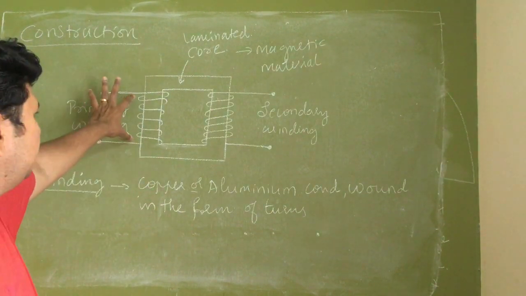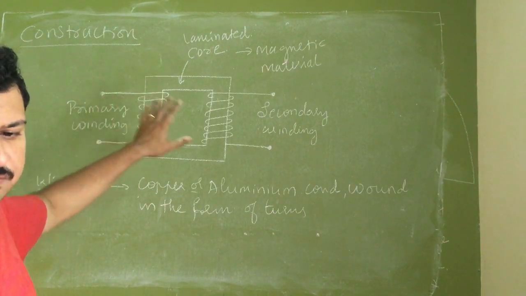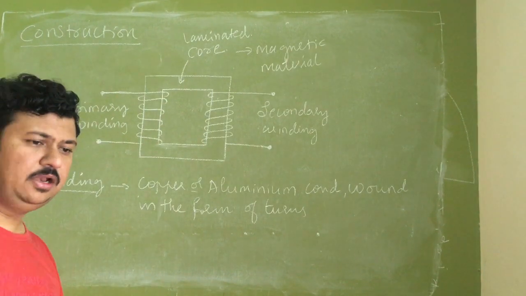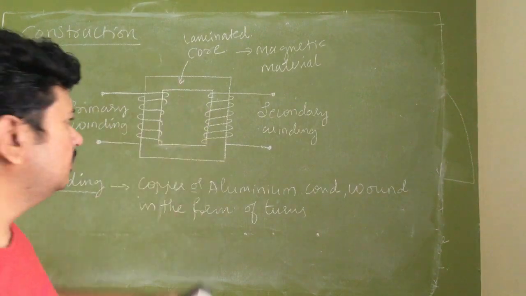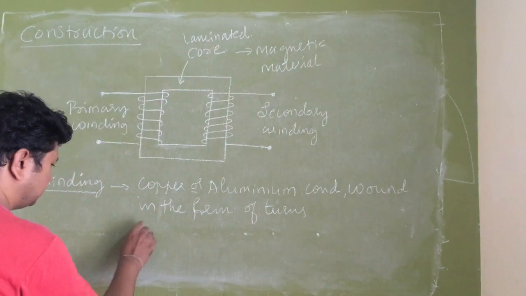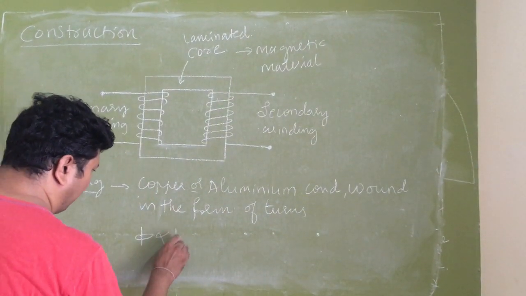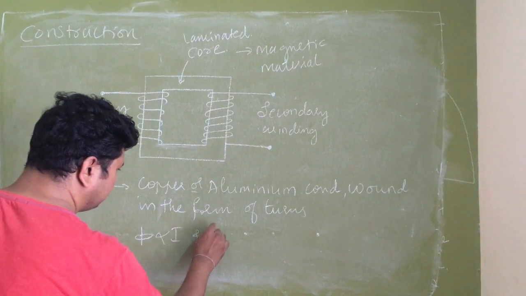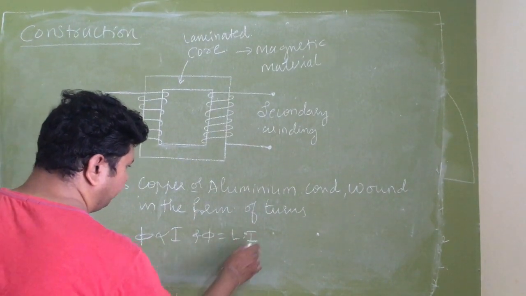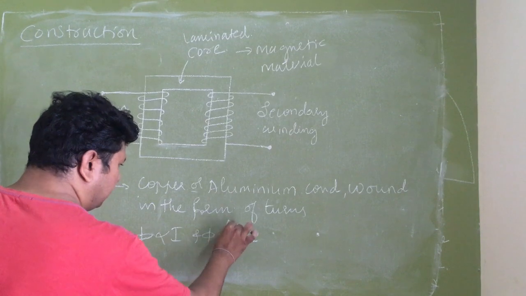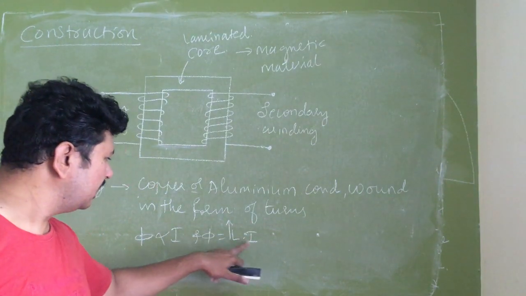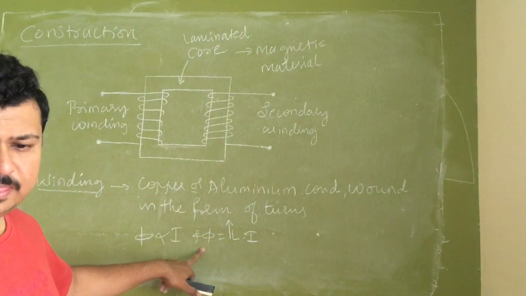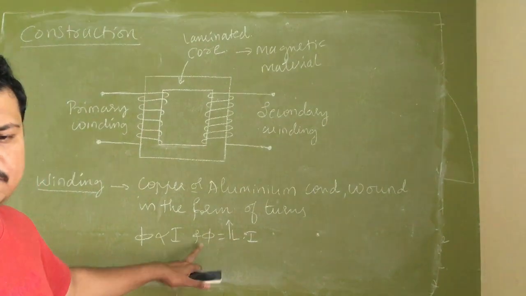Therefore, I keep the resistance of the winding very less and inductance of the winding very high, so that if the inductance is large, yesterday we have seen flux is proportional to I and flux equals L into I. Now if I keep the inductance value very large, then a minimum value of current is sufficient for me to create the required amount of flux.